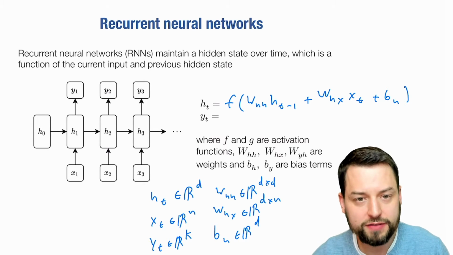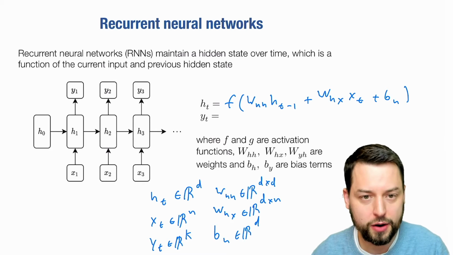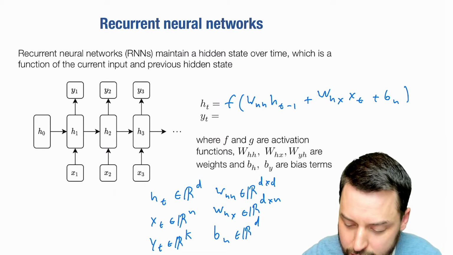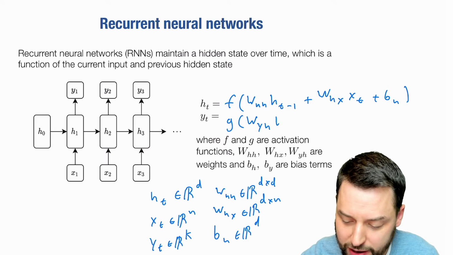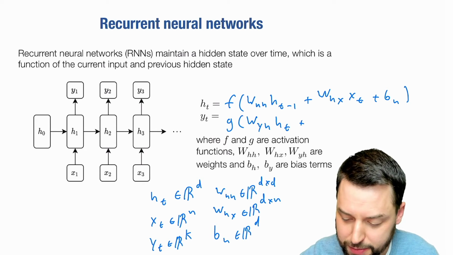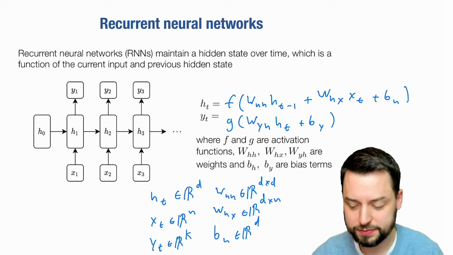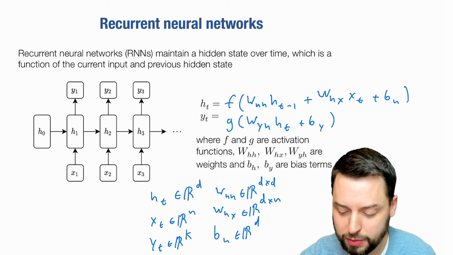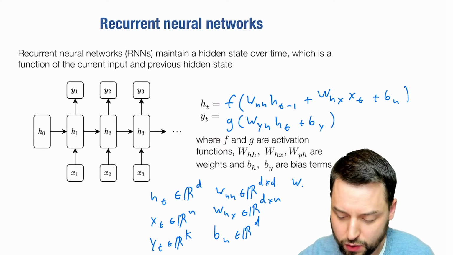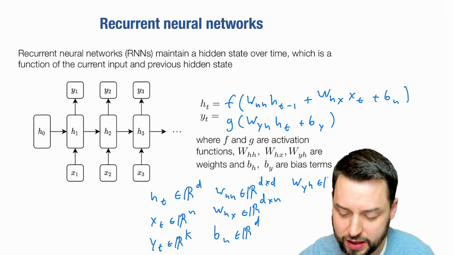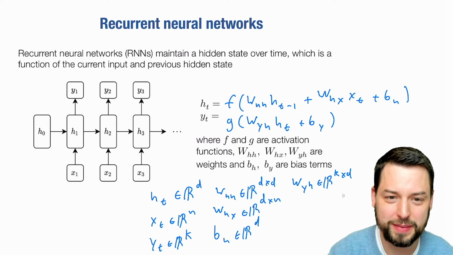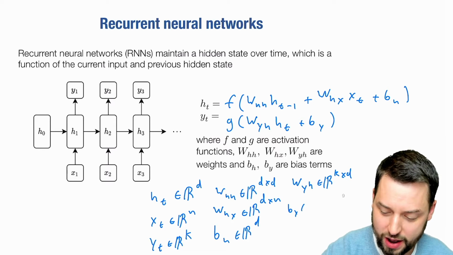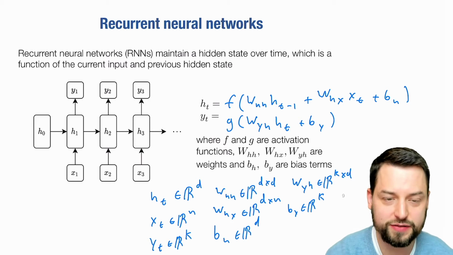Similarly, we can write a function that gives our predicted outputs yt. That would be some other nonlinear function of some matrix WYH applied to our hidden state at time t, plus some bias for our output. Here, again, WYH would be a K by D dimensional matrix, and BY would be a K dimensional vector.